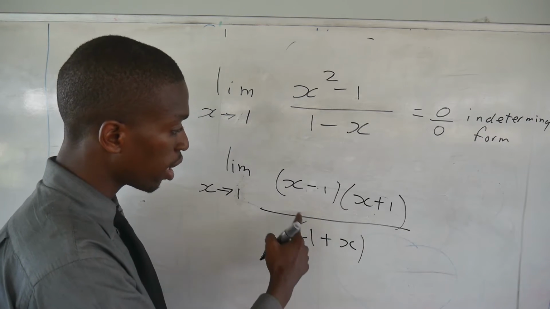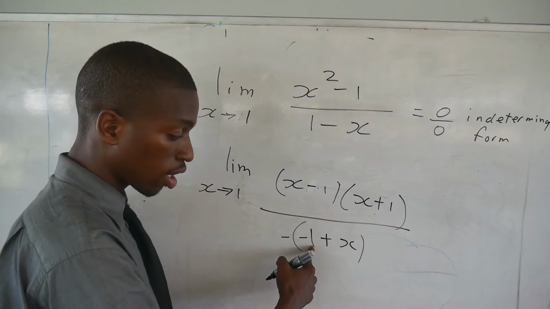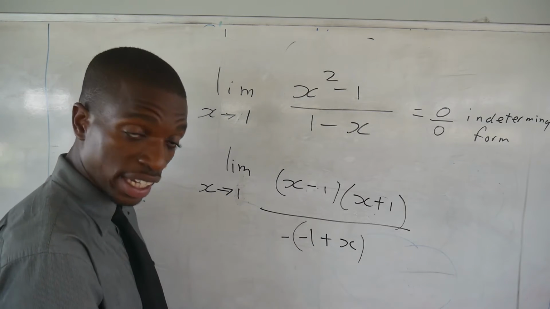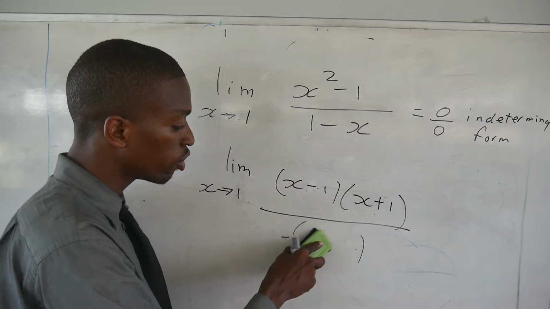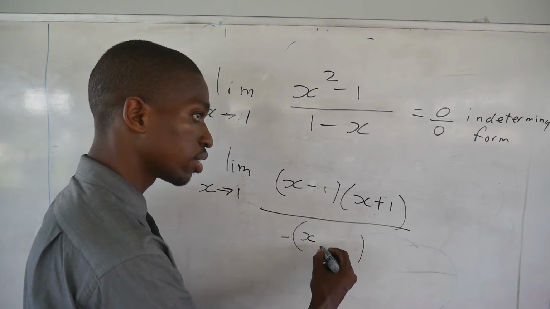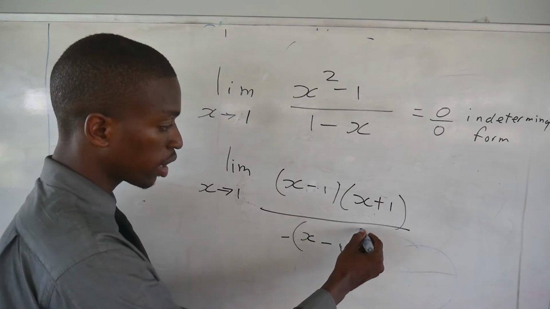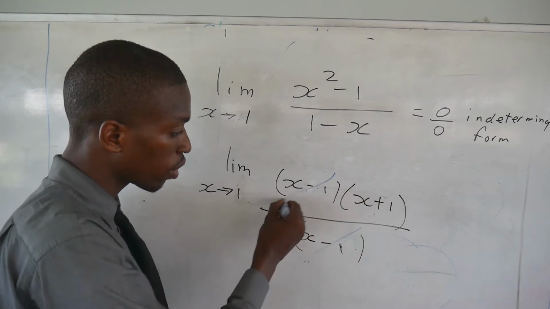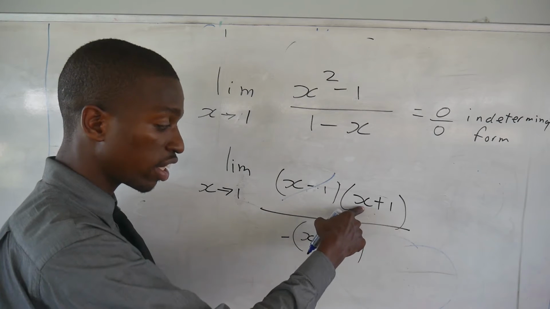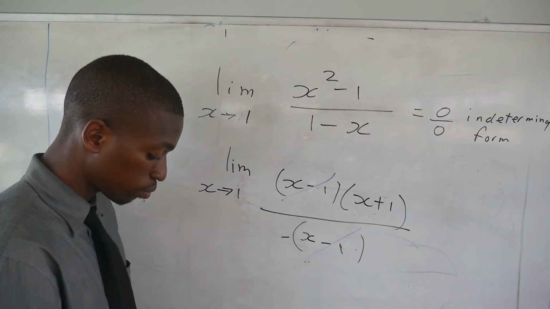But here we have this and this now being the same, because this is -1 plus x, which is the same as x minus 1. Right? So you clearly see this goes out with that, and what remains is x plus 1 divided by -1, right?